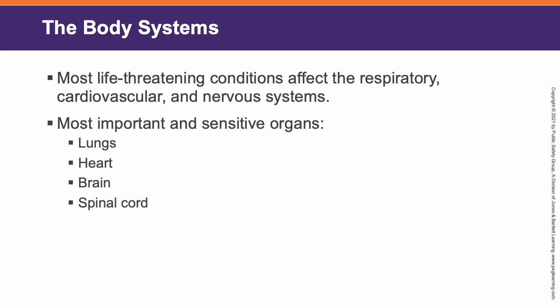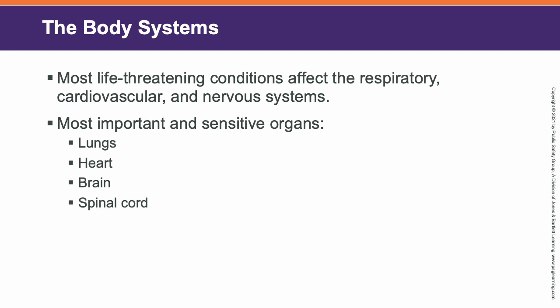Okay. So as far as the body goes, most life-threatening conditions are going to affect three different body systems: the respiratory system, or your lungs, your breathing system; your cardiovascular system, which is in charge of blood flow throughout your body; and your nervous system, which is in charge of movement and sensation throughout your body.